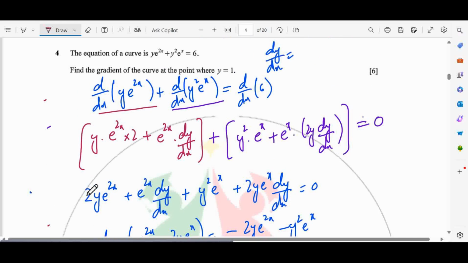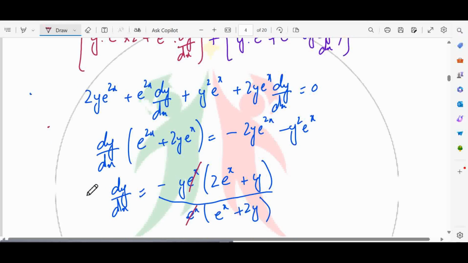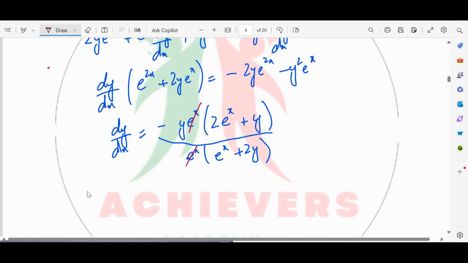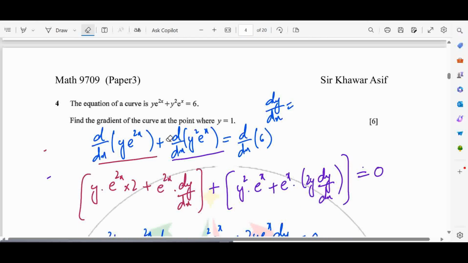We need to find out at gradient, y is equal to 1. Now if you put y equal to 1, what will be the answer? dy by dx is equal to minus 1 into 2 e power, what we need to find out is the value of x also, because we know that the y coordinate is 1.